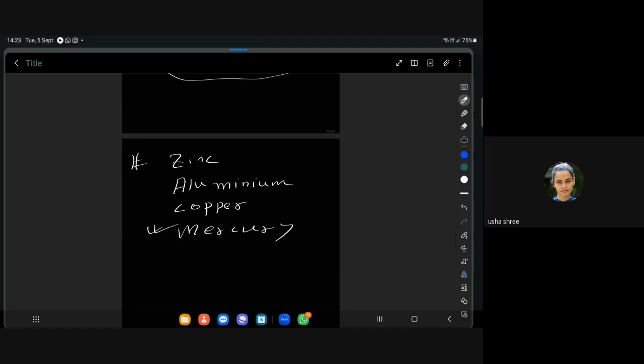Now another problem. Suppose peacock, then vulture, then sparrow, and swan.